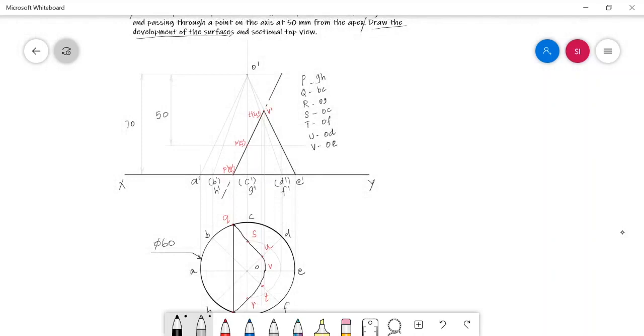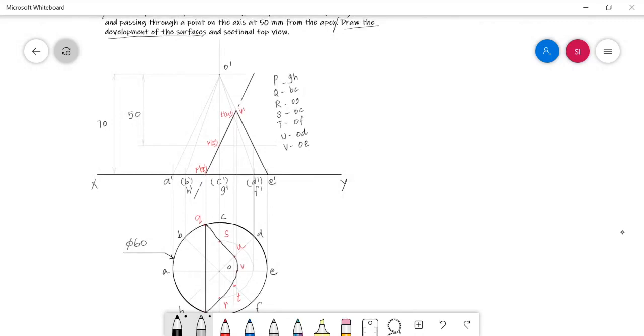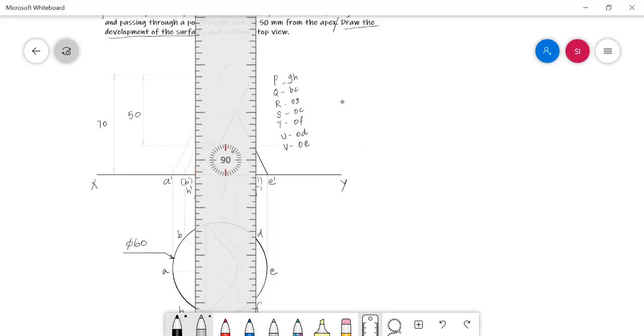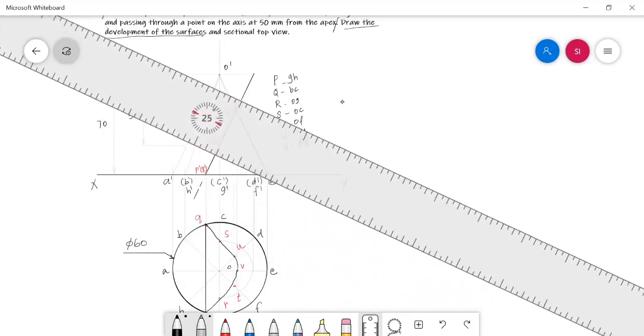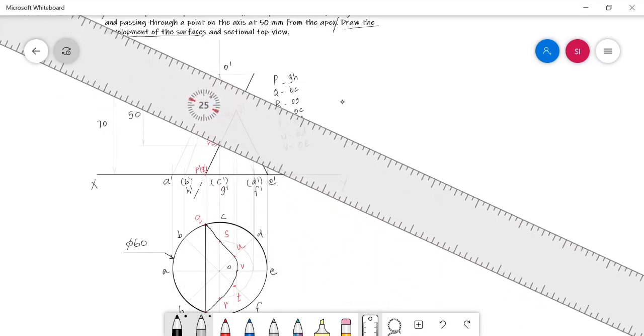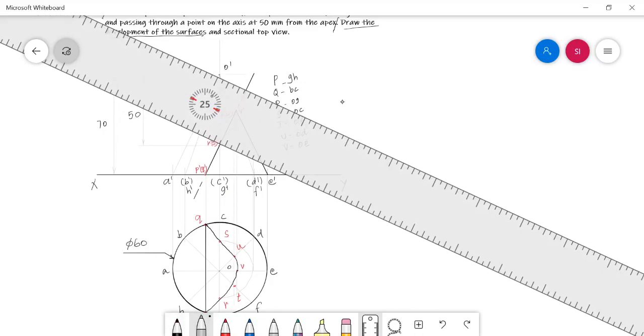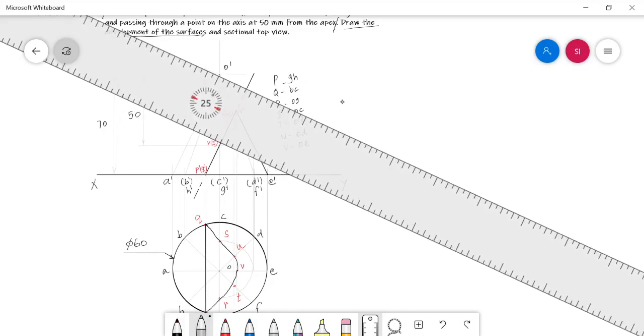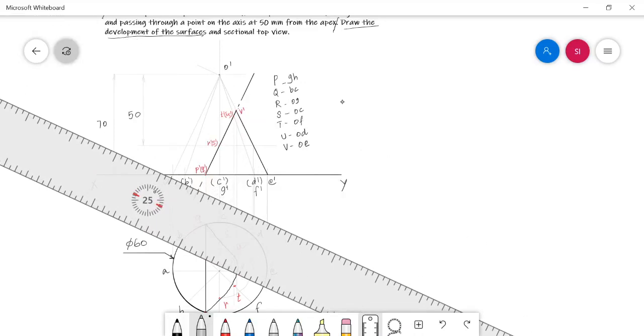Then we can go for developing the cut cone. For that, as we already know, in the case of the cone, the extreme generator will show the original length of the slant generator. It's a true slant generator length. So directly I can measure it, to find out the true length of the slant generator.